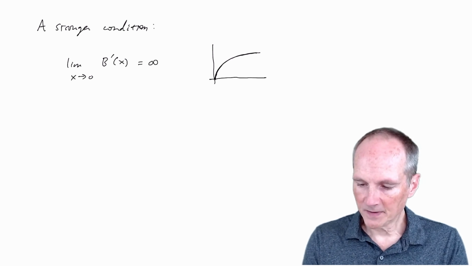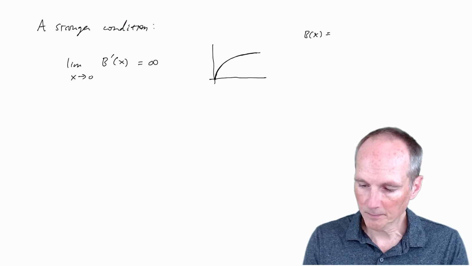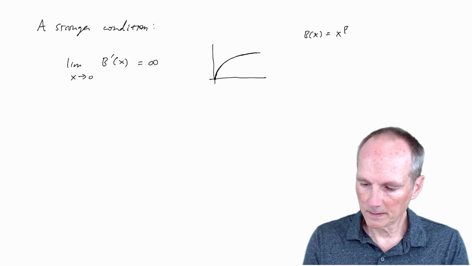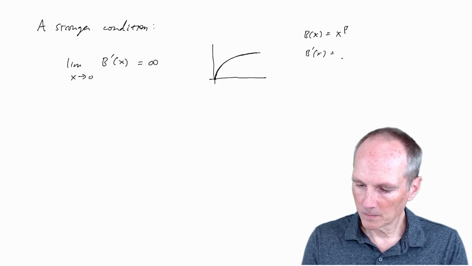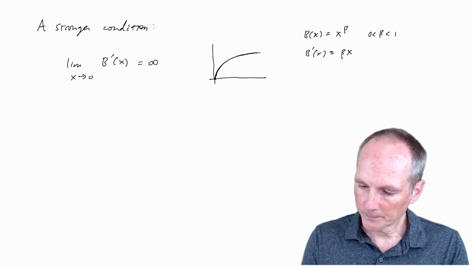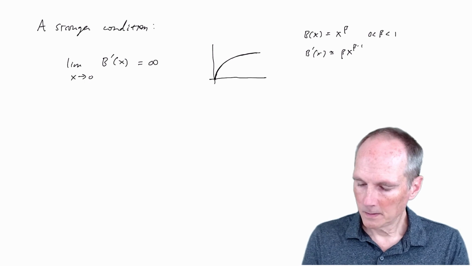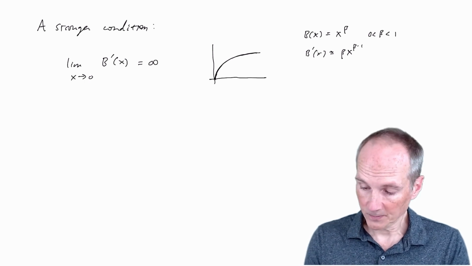That would be satisfied by functions with a power form, right? Because if beta is between 0 and 1, then the marginal benefit would be beta times x to the beta minus 1.